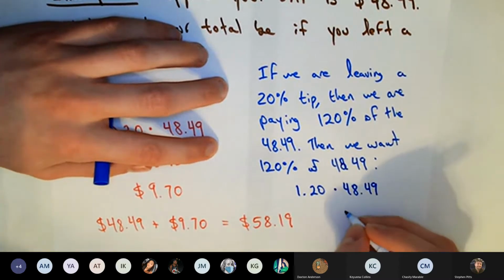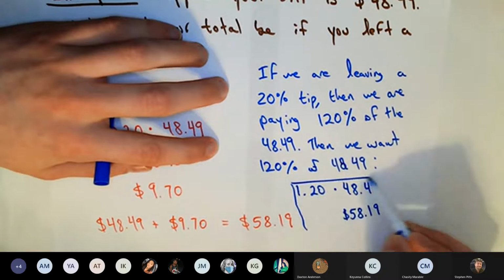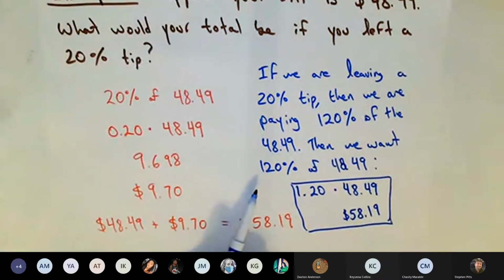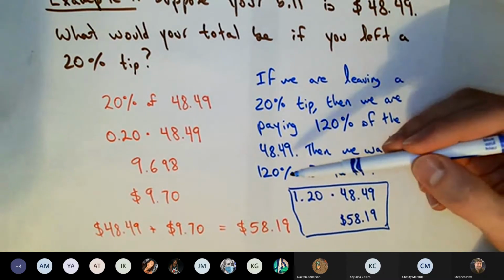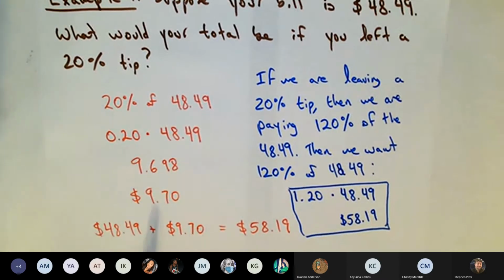And that would end up giving us that total. So if you want to do it all at once, you just stack that percentage onto 100%, because 100% of 48.49 is just 48.49. So you're taking that bill, that 48.49, and you're adding the 20% on up front with the percents, instead of finding each percent individually and then adding them. You're doing it all at once here.